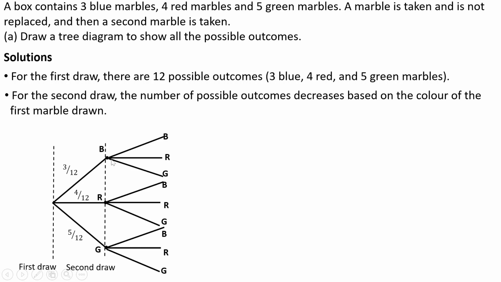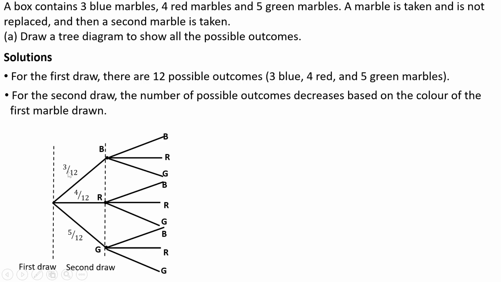So now for the second draw, since the first member which was picked wasn't replaced, the probability that the second pick is blue changes. Since the probability of the first pick being blue is 3 over 12, the number of blue members would have reduced, because the first member picked, if it is blue, was not replaced.